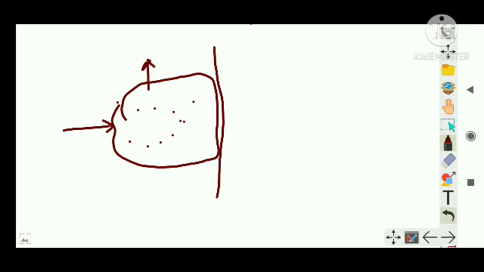This is because we apply force on the balloon and the pressure is exerted. You're exerting pressure on the balloon. Water is a uniform fluid, it is confined in this balloon and is not allowed to spread.